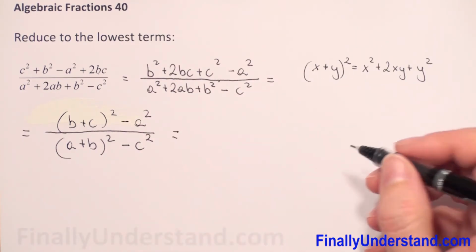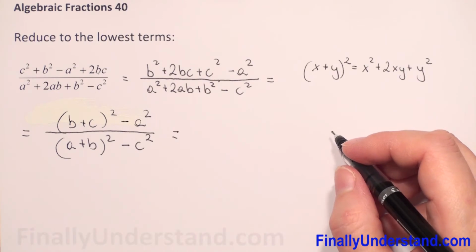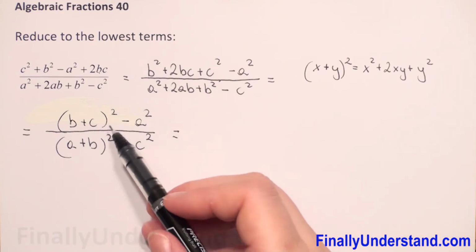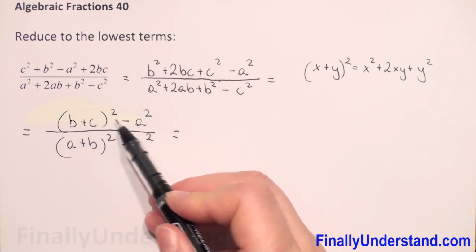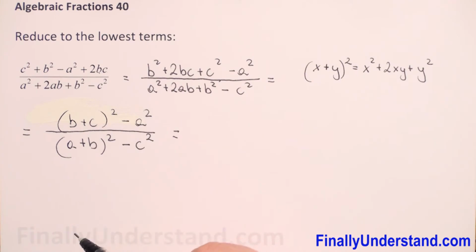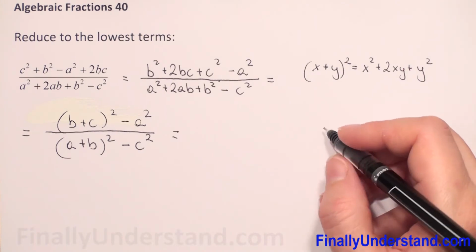And now we see that we have here difference of two perfect squares. We have b plus c to second power and a to second power, and we have difference. So let me remind you of this formula.